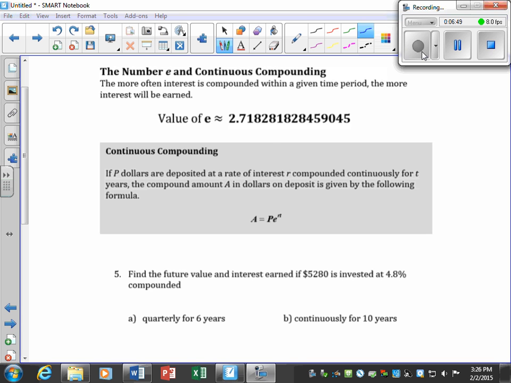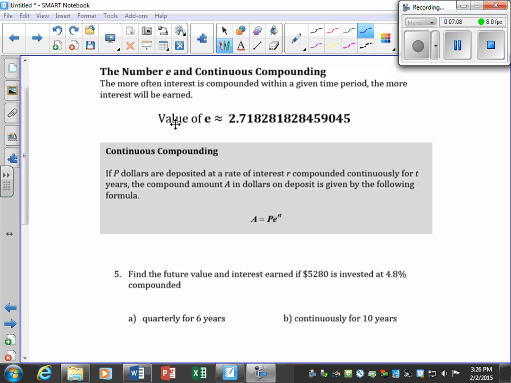And now we look at the number E and continuous compounding. The more often interest is compounded within a given time period, and interest is earned, there's a continuous compounding going on, which we're going to experiment with down here.